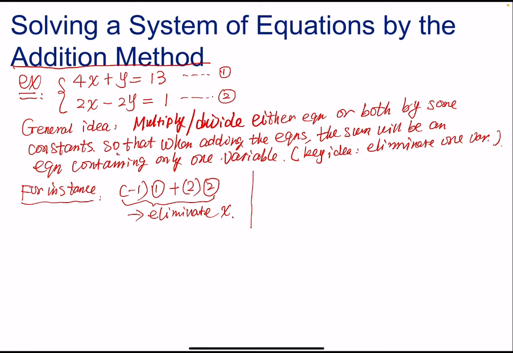Another way to do it is, a lot of times we choose the variable that has opposite signs of coefficient. So here the variable y is such an example because the coefficient of y in equation 1 is 1 and the coefficient of y in equation 2 is -2.